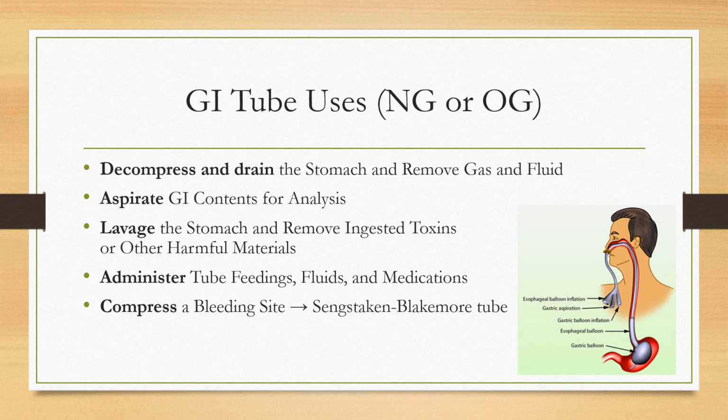We can potentially suction up a lot of ingested poisons or other harmful products that people have ingested. And we can also lavage, meaning we can flush out their stomach with large volumes of fluid. So not only can we suck up ingested material, but we can also lavage the whole gastrointestinal tract with fluid through this tube. Okay.